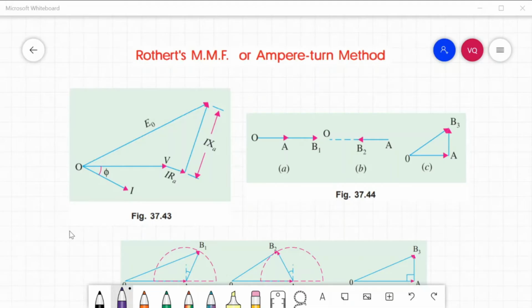The total field ampere turn are represented by OB1.